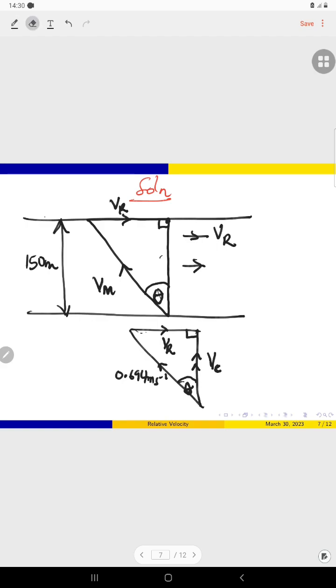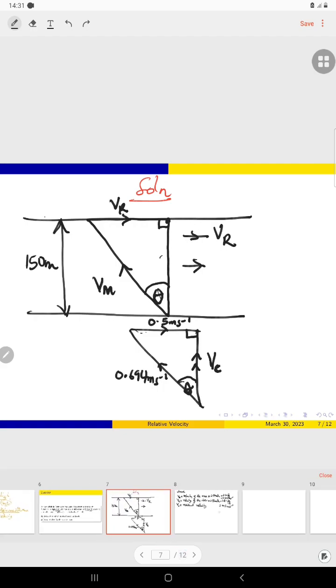Then the velocity of the river has been found to be 0.5 meters per second. So he wants us to find the direction. And according to trigonometric ratio, we know two sides, okay? So this is our opposite, the 0.5 is our opposite, the 0.694 is our hypotenuse.